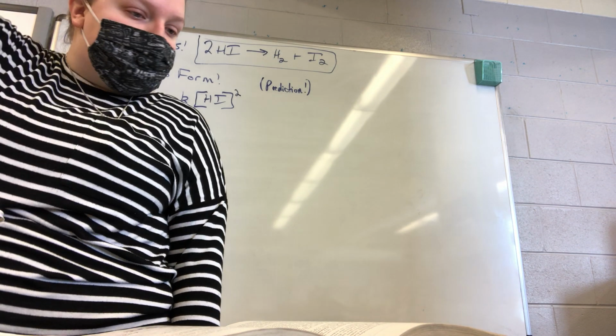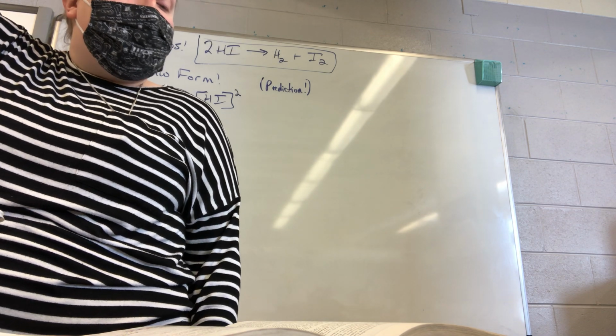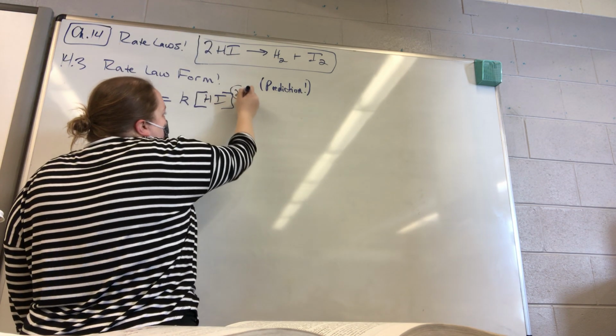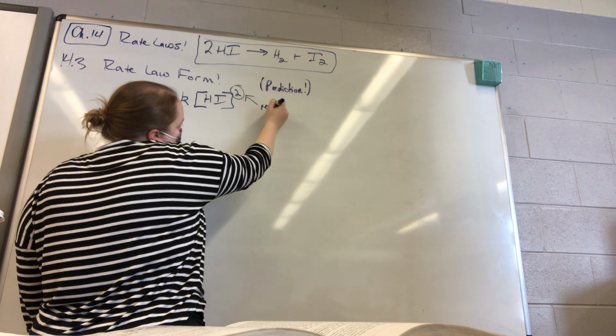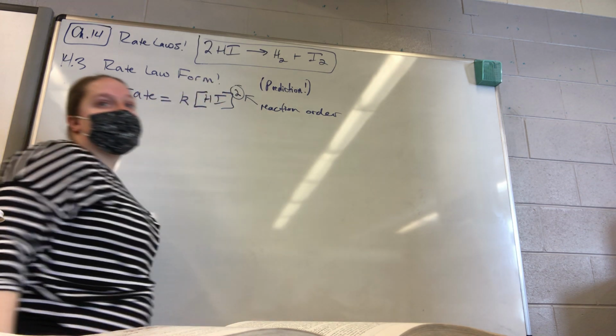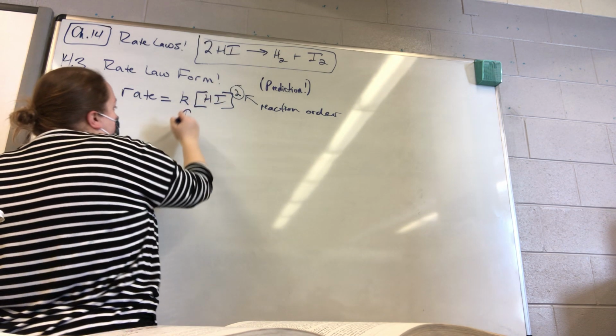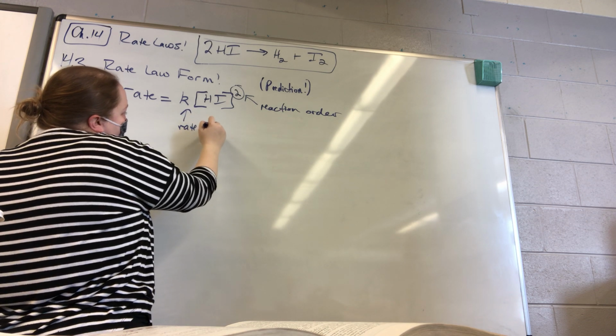Remember, it always has rate equals K times the reactant raised to the power. For our reaction orders, those are our exponents. Our K is our rate constant.